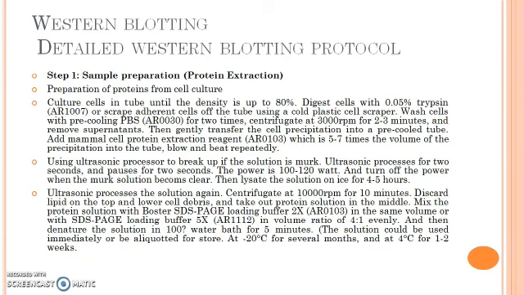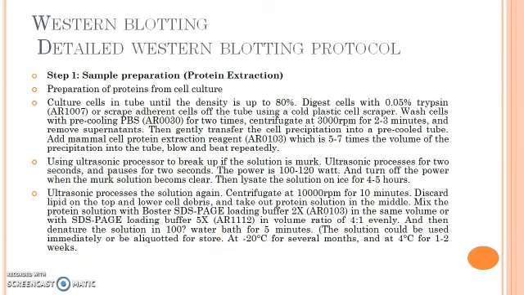Wash cells with pre-cooled buffer, that is PBS, 2 times. Centrifuge at 3000 rpm for 2 to 3 minutes and remove the supernatant. Then gently transfer the cell precipitation into a pre-cooled tube. Add mammalian cell protein extraction reagent, 5 to 7 times the volume of the precipitation, into the tube.